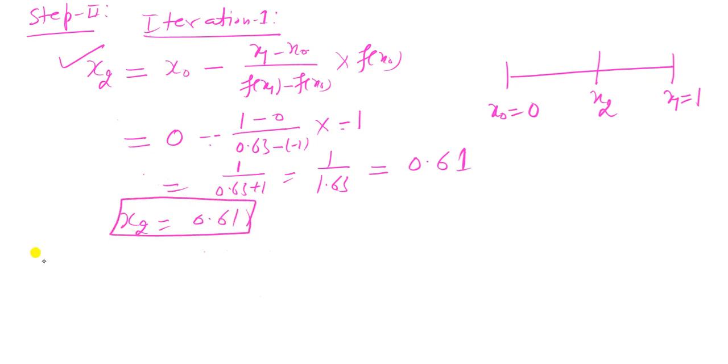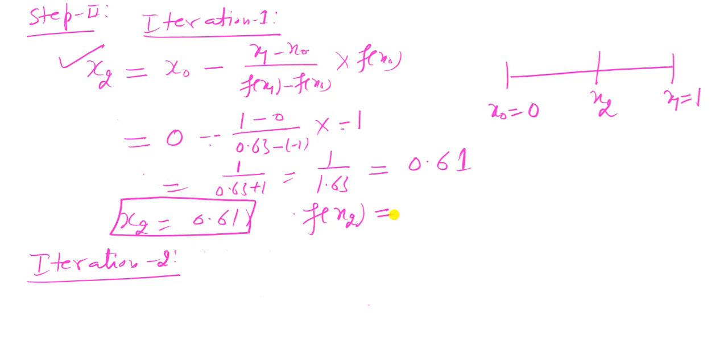Now in iteration 2, compute the functional value at x is equal to x2, that is, put x is equal to 0.61 in equation 1.